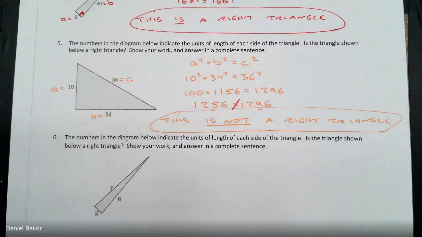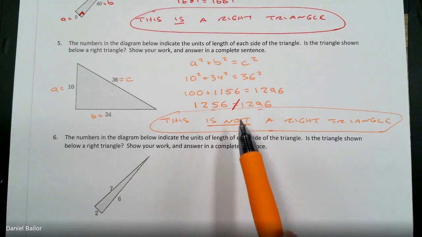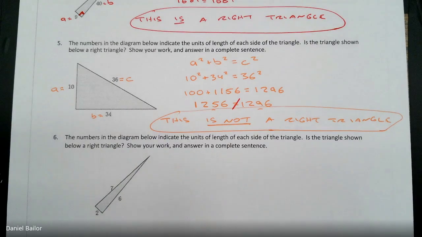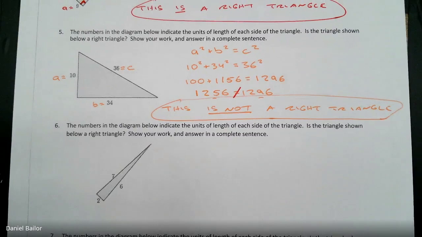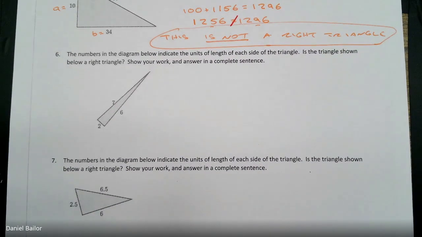Don't just do what it looks like. You have to do the math on the test. Looks can trick you. Do not let the looks trick you. So we've done 5 triangles. 3 are right triangles, and 2 are not right triangles. Let's see if number 6 can tie it up with 3 right and 3 not right.